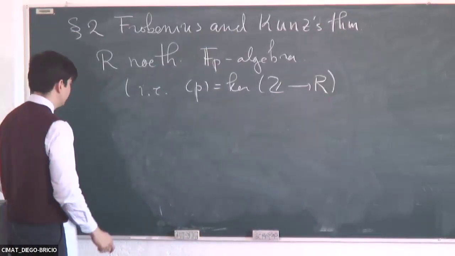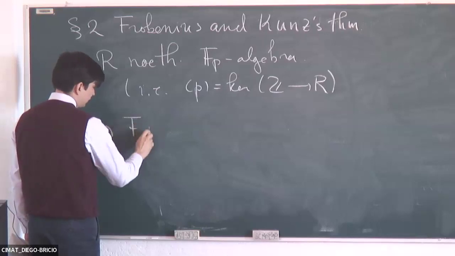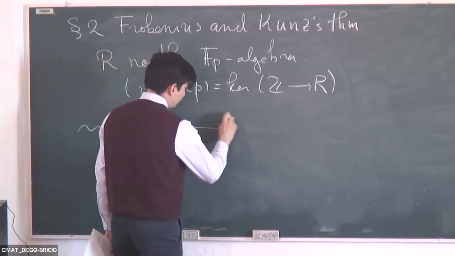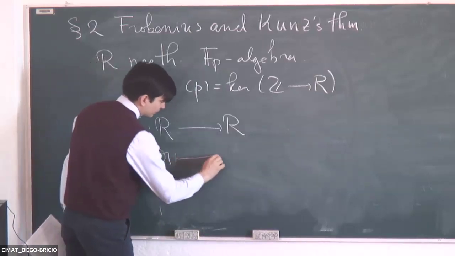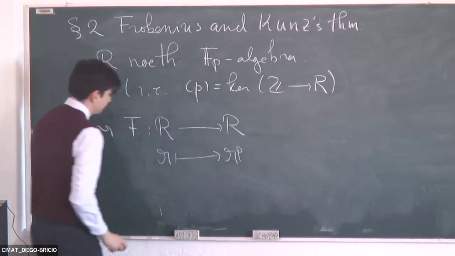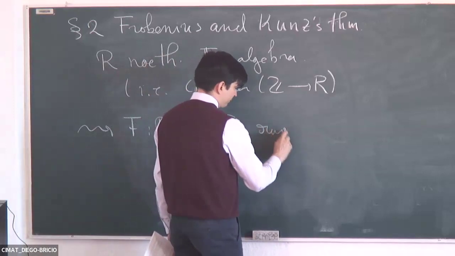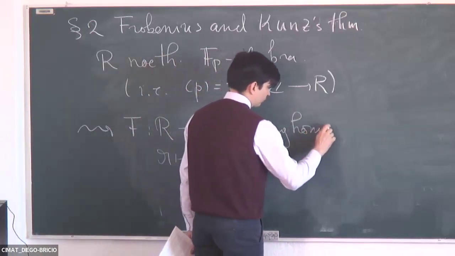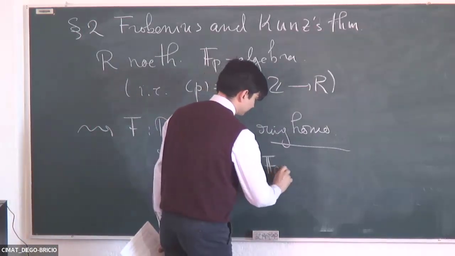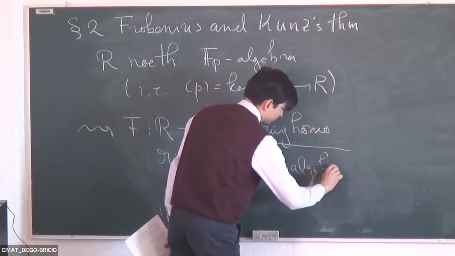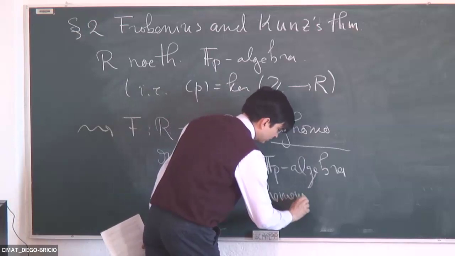This is the characteristic of R. And so the wonderful thing is that then the following mapping, you take an element r in R and you raise it to the p power. This is a ring homomorphism. It's actually an F_p algebra map. Homomorphism.